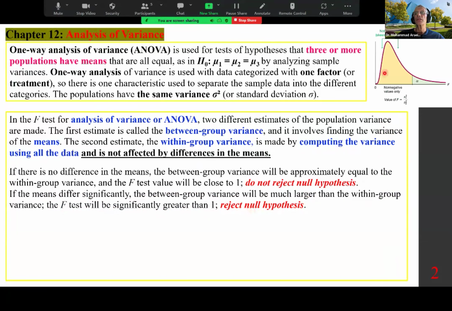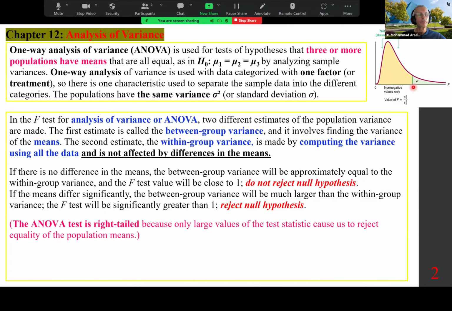That's the F-test. F is S1 squared over S2 squared. The ANOVA test is right-tailed because only large values of the test statistic cause us to reject equality of the population means.